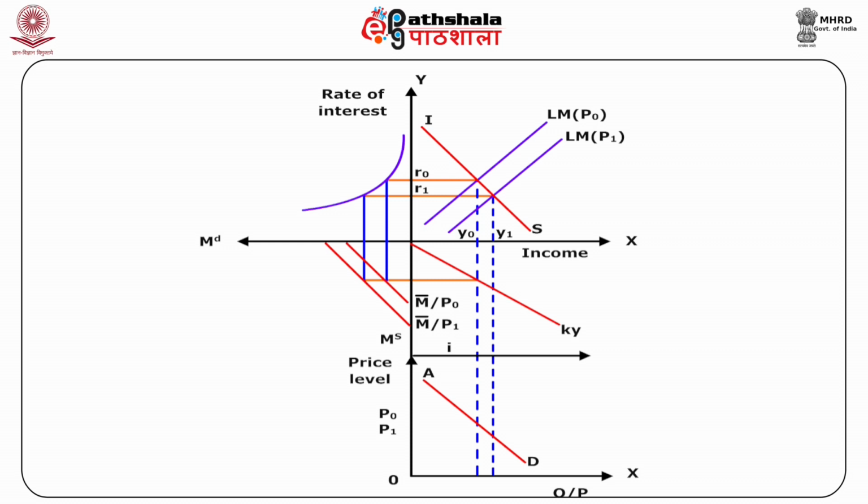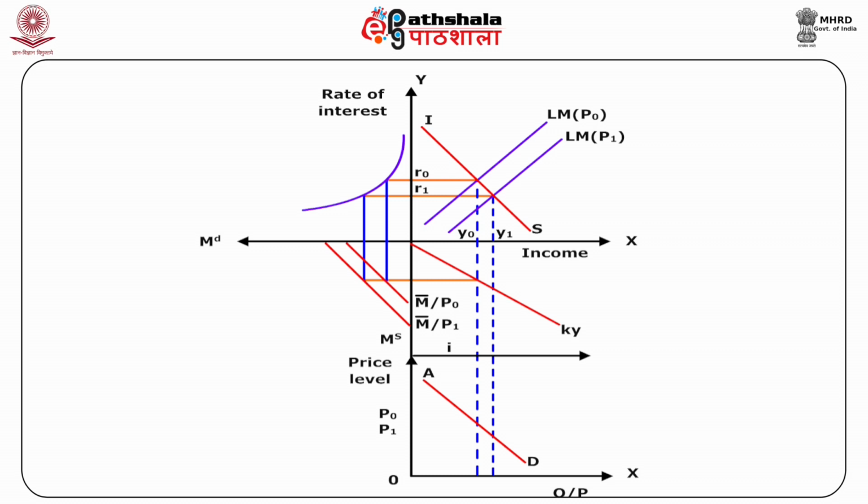Now, let us consider a new money supply function. The supply of real cash balances in the third quadrant is now M bar upon P1, where P1 represents a lower level of prices in the economy. When the price level goes down and the nominal money supply M bar is the same, the supply of real cash balances goes up.